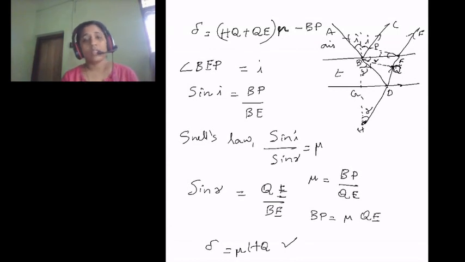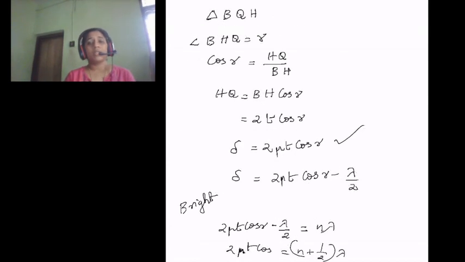Therefore this additional path difference should be accounted for in the net delta value. Therefore delta is equal to 2 mu t cos r minus lambda by 2. Actually this is the path difference calculation of the beams reflected from the lower and upper surfaces of the thin film.